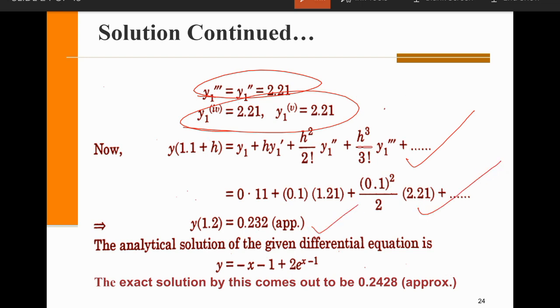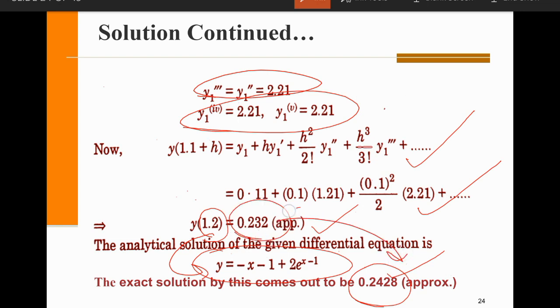Now we have also calculated the analytic solution, as you have done in your previous unit number 1. So the analytic solution comes out to be this one. If you substitute the value x equal to 1.2 here, you will get the result 0.2428. Now just see, this is your accurate exact result and this is your calculated result.